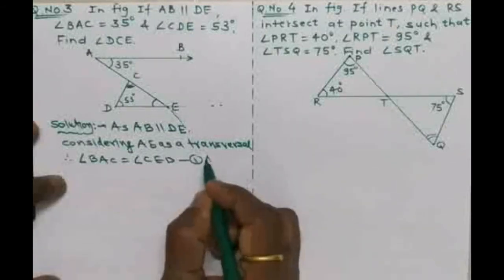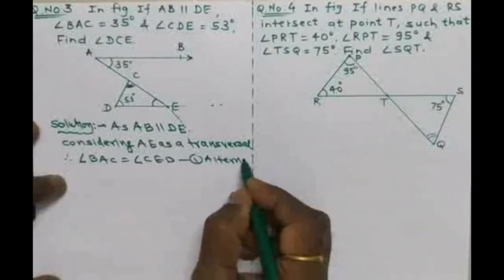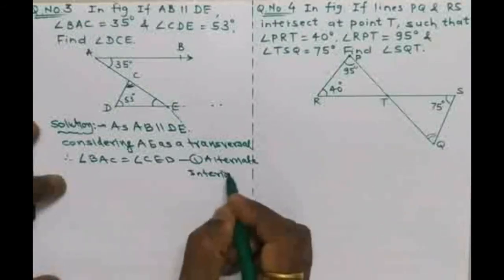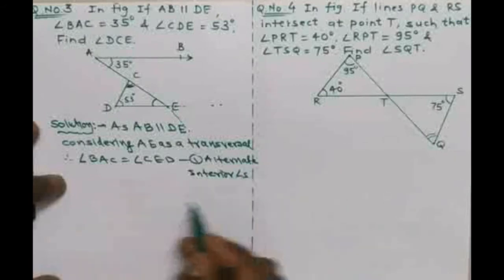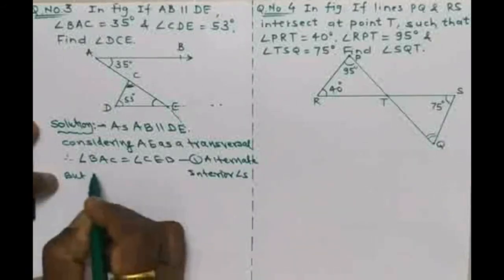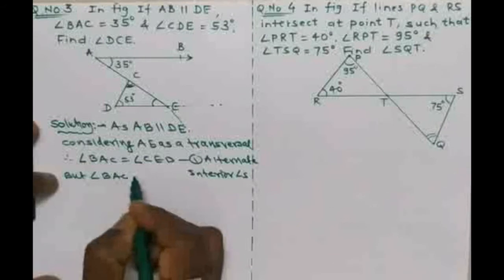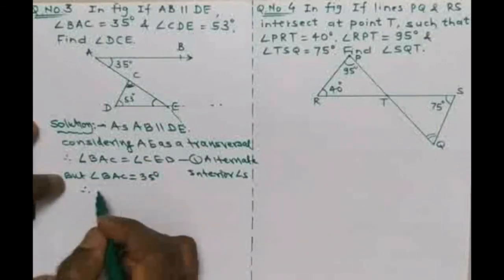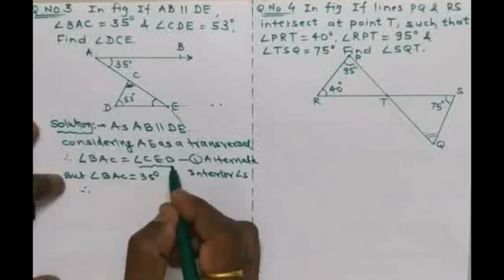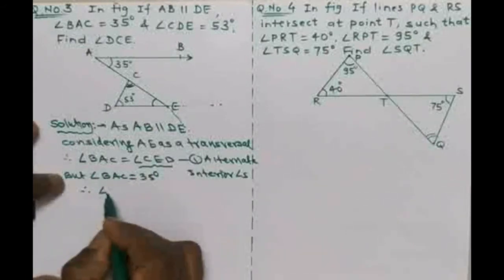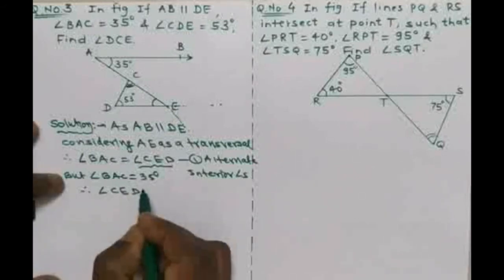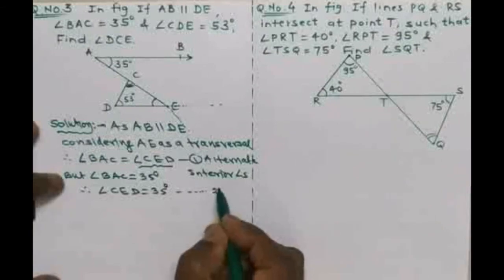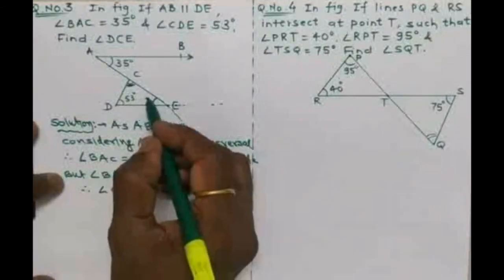Reason: alternate interior angles. But angle BAC equals 35 degree. Therefore using 1, angle CED equals BAC. Therefore angle CED will also be 35 degree. Okay, this is 35 degree.